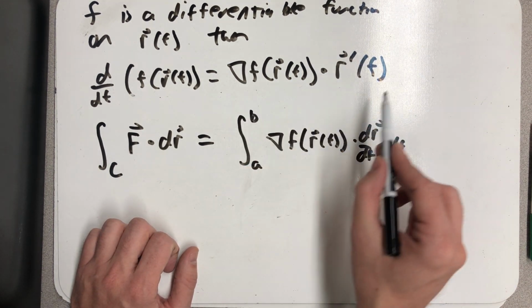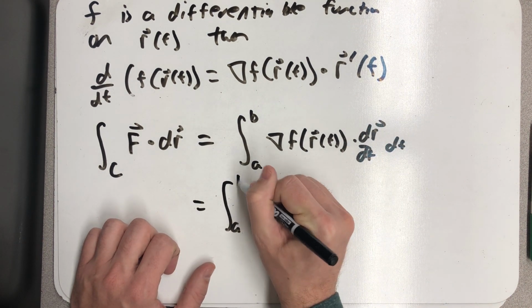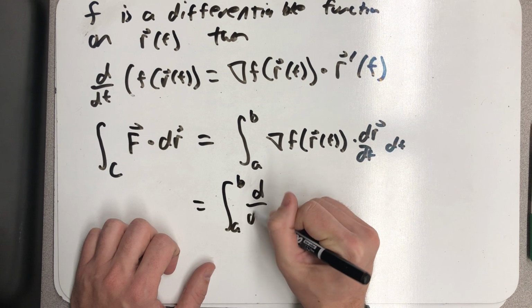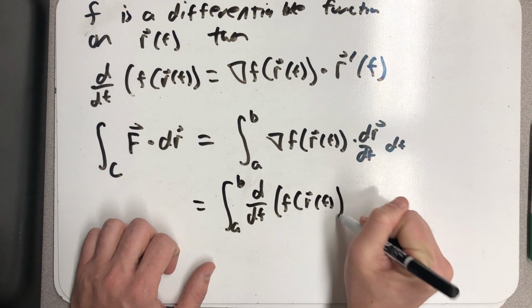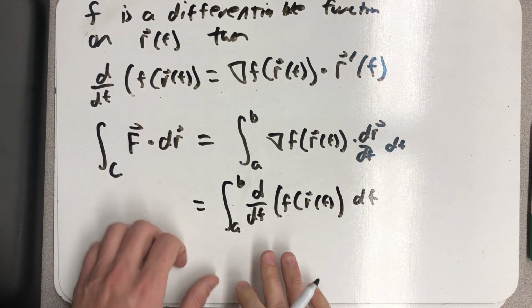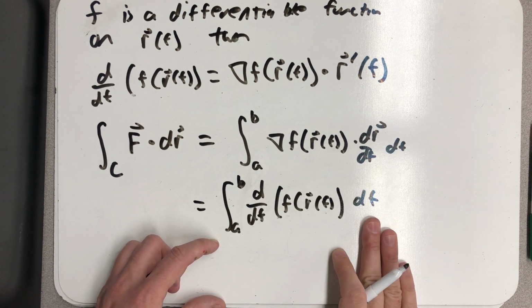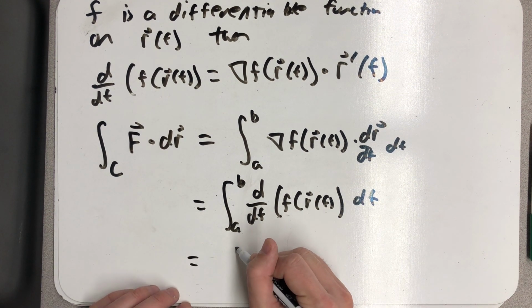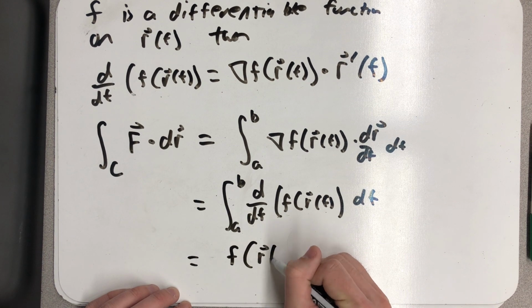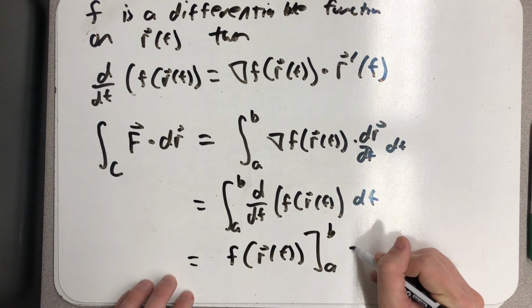Well, now I recognize this part. That's what we derived here: del f dot dr dt. So I can rewrite that as the integral of d dt of f of r of t, dt. And so this is a definite integral of a derivative. Well, the fundamental theorem of calculus says that's just f of r of t evaluated from a to b.